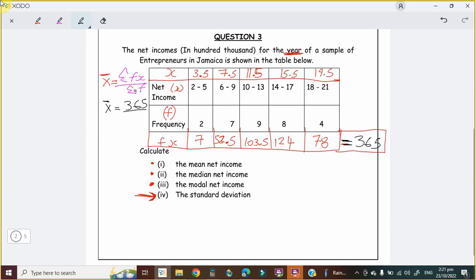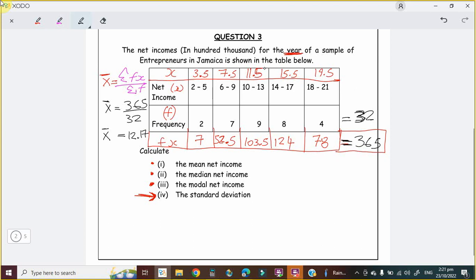Now divide by the sum of f. What's the sum of f? 32. So divide by 32. How much? 12.17. So that's the mean.